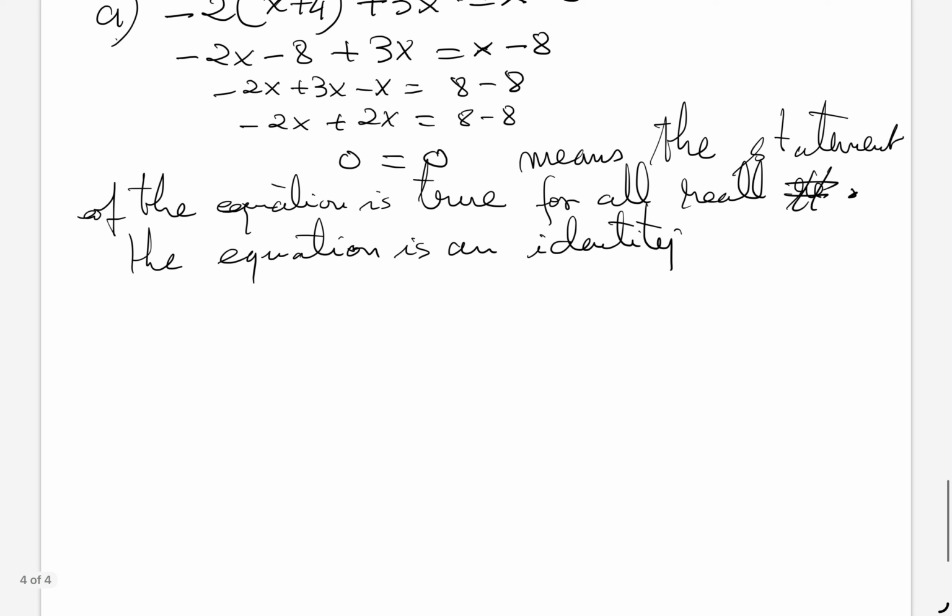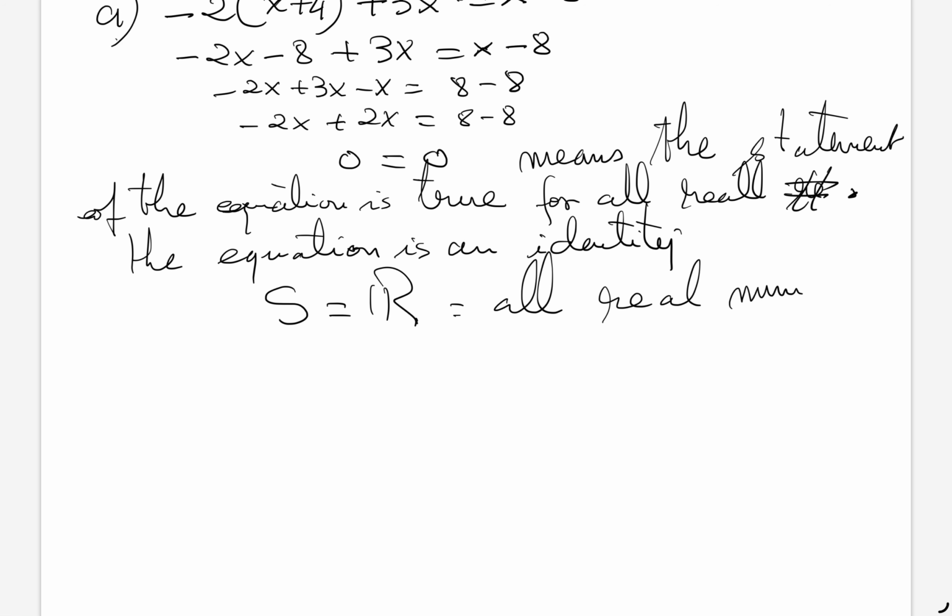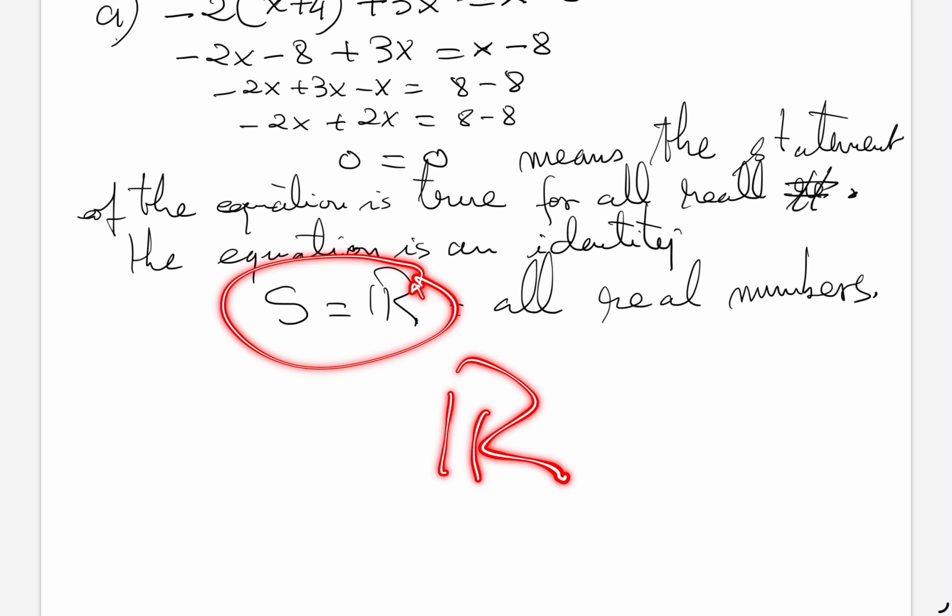To give a set here, you have to say the S. The S is all real numbers, and the notation for all real numbers is R. Or you can just write it like this, R is all real numbers.